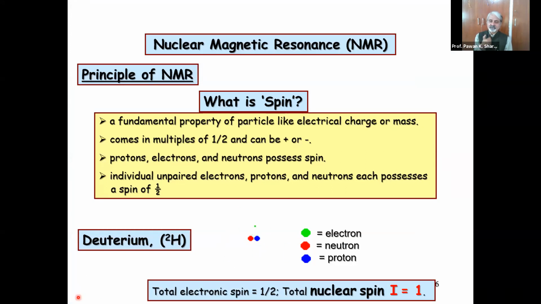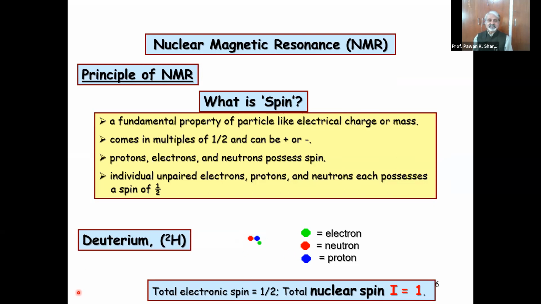Because we said each unpaired electron, proton, and neutron possesses a spin of half, one unpaired electron means total electronic spin for deuterium is half. Total nuclear spin: half due to one unpaired neutron, half due to unpaired proton. So half plus half, 1. So deuterium would have total electronic spin as half and total nuclear spin I equal to 1.